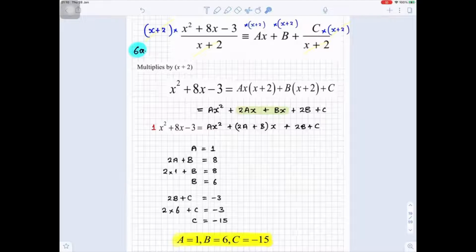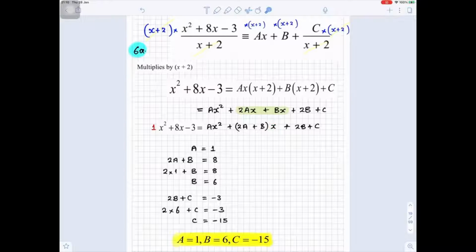So what you want to do now is, on the right hand side, remove the bracket. ax times x gives you ax^2. ax times 2 gives you 2ax. b times x will give you bx. b times 2 will give you 2b, and there's a plus c. Now we put the x terms together, (2a + b), and x is a common factor.